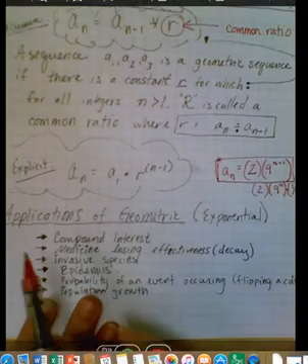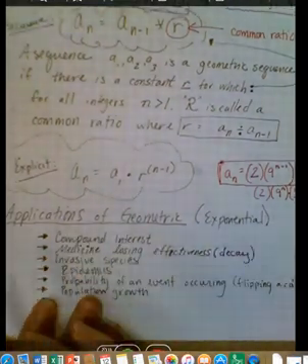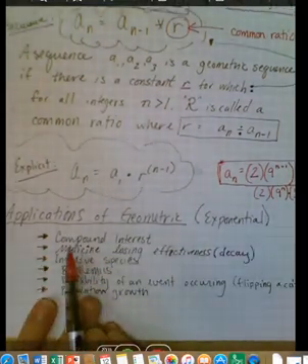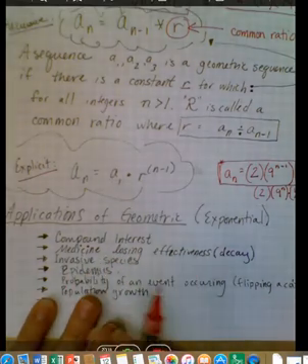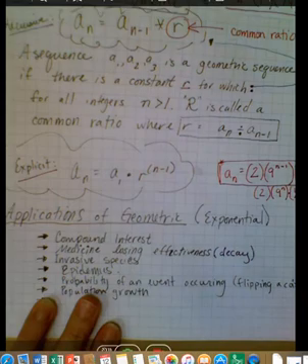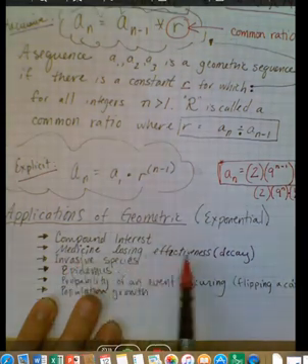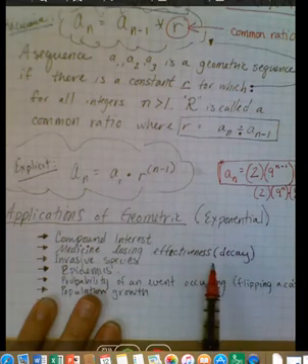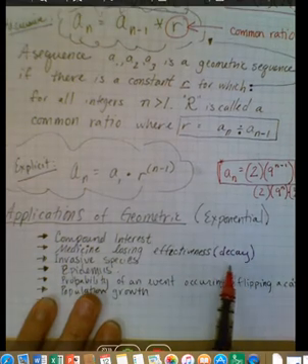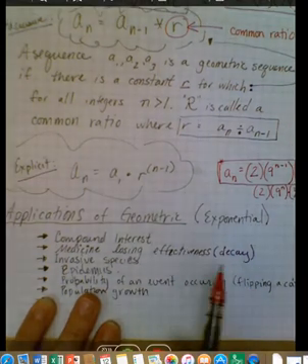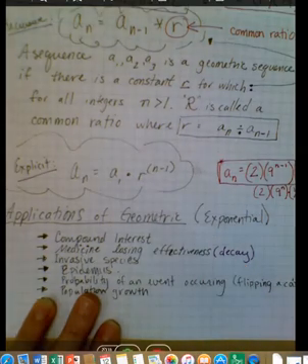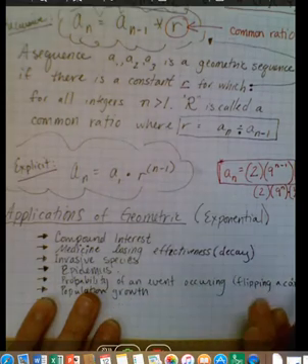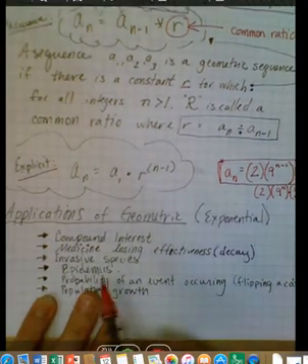So what are some applications of geometric or exponential sequences? So compound interest, whenever I'm buying a house or buying a car, the interest compounds from step to step to step, so you're paying interest on the interest. Medicine losing effectiveness, that's a decay where there's only a percentage of the previous amount in your system, like 75% of the previous amount of the drug may be in your system, so they can use that to calculate when they need to redose.